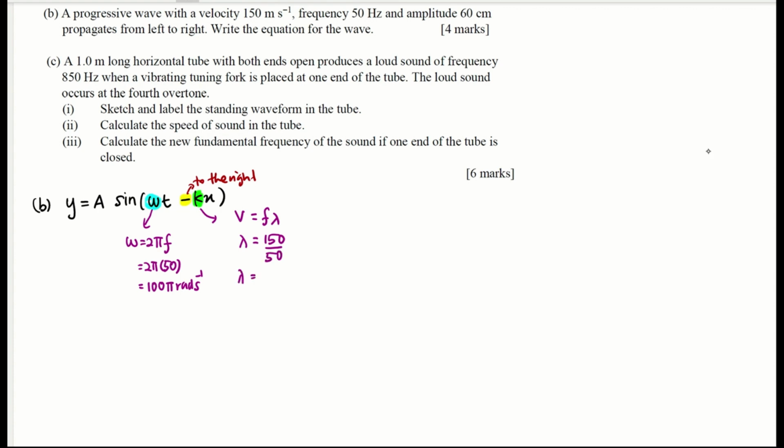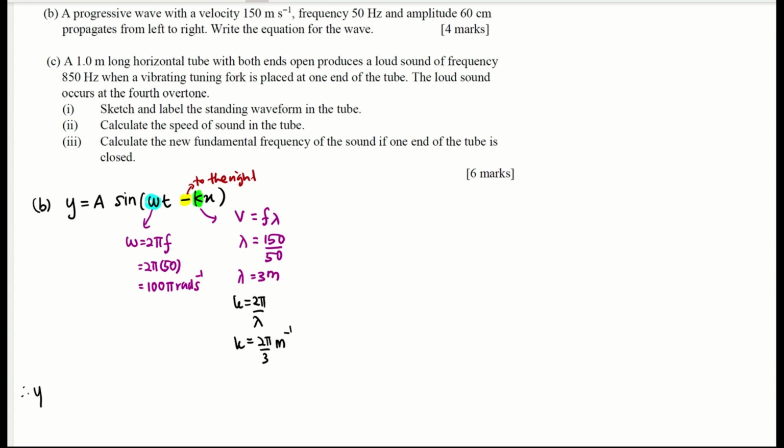So lambda is equal to 3 meter. Tapi ini lambda. Soalan bukan nak kira lambda. Soalan kita nak cari k dulu. So, k is equal to 2 pi over lambda. So, daripada sini, k kita boleh dapat lah, which is 2 pi over 3 per meter.